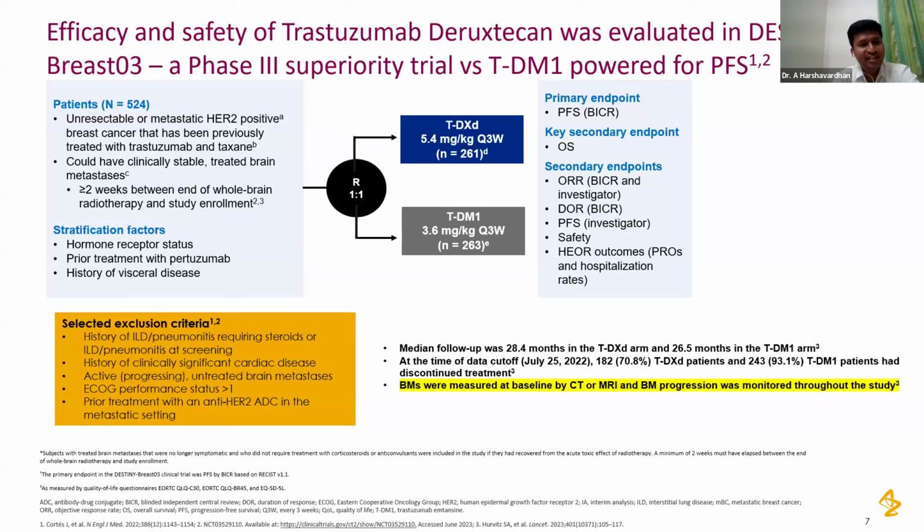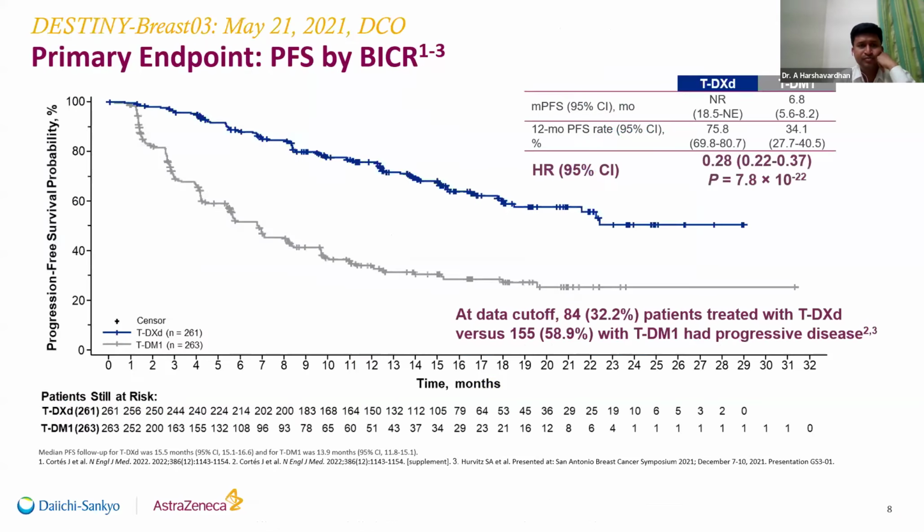Any history of clinically significant cardiac disease, active and untreated brain mets, ECOG performance status above the limit, and prior treatment with any anti-HER2 ADC in the metastatic setting were also excluded. Patients were randomized to T-Dxd and TDM1. The primary endpoint was PFS, and secondary endpoints were OS, ORR, duration of response and safety.